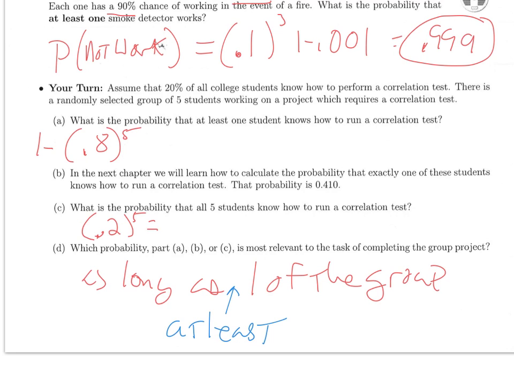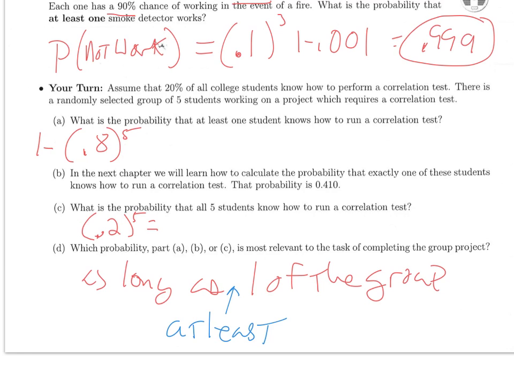Okay, so what's the probability that at least 1 student knows how to run this test? Well, the probability that a student doesn't know how to run the test is 0.8. There's 5 students, so this would represent the probability that none of the students know how to run the test.